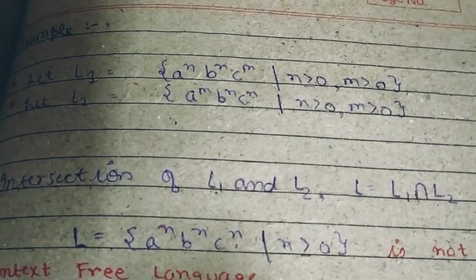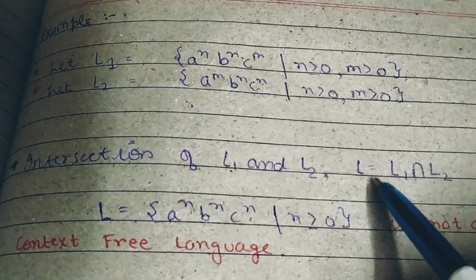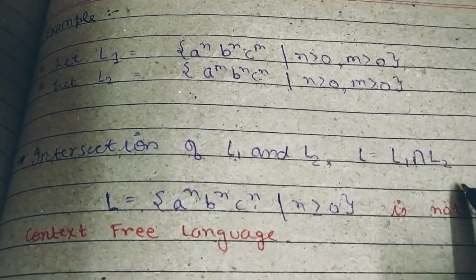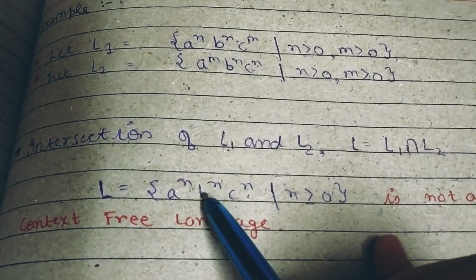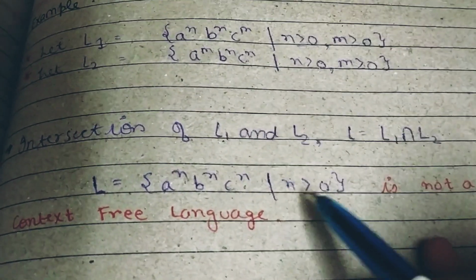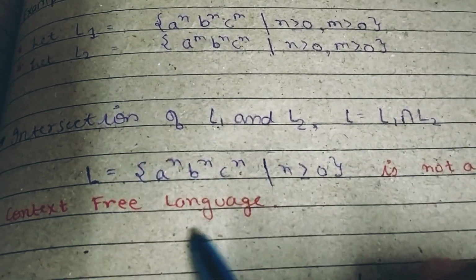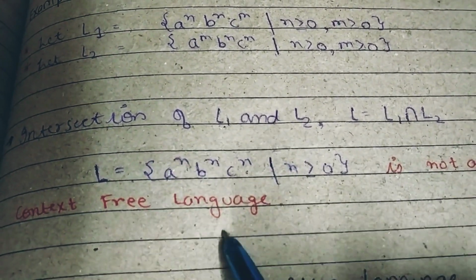Now, the intersection of L1 and L2 will be L equals L1 intersection L2, which is a raised to the power n, b raised to the power n, c raised to the power n, where n is greater than or equal to 0. And such type of languages are not context-free languages.